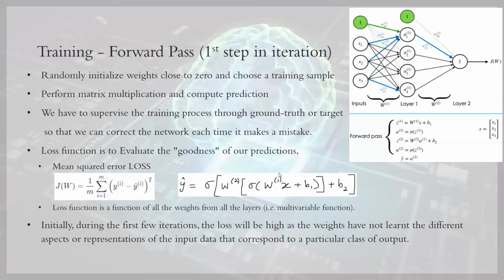So they are different variables. So initially during the first few iterations, the loss will be high as the weights have not learned the different aspects or representations of the input data that correspond to a particular class of output. I just mentioned this previously.